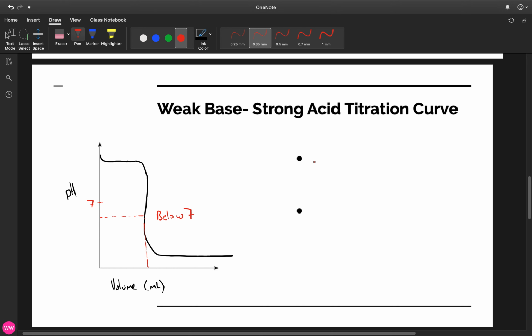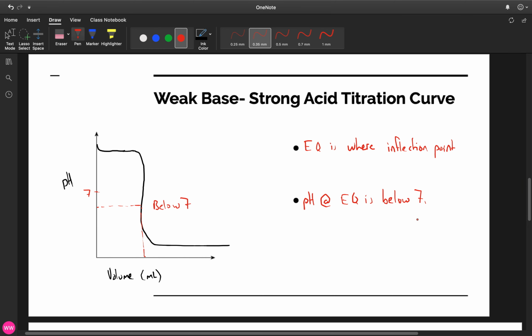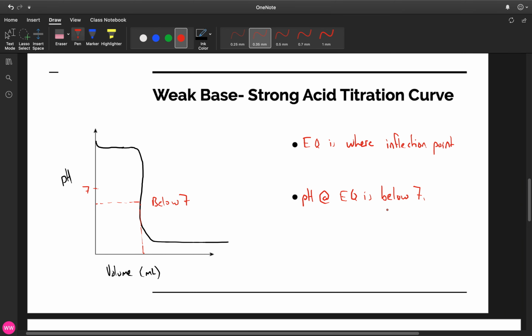Once again, the equivalence point is where the inflection point is, and the pH at equivalence is going to be below 7.